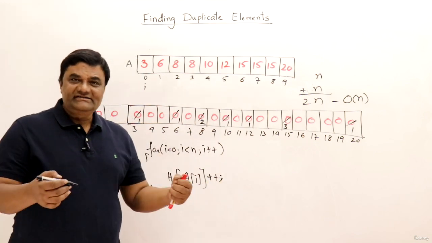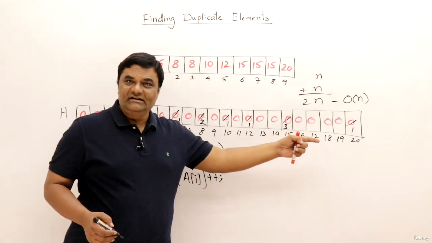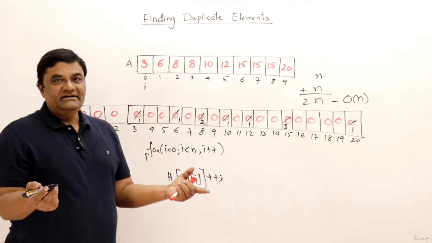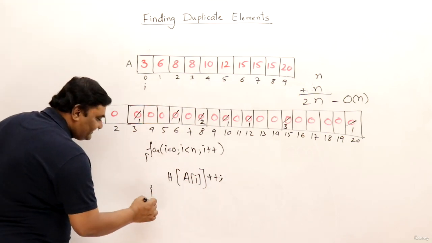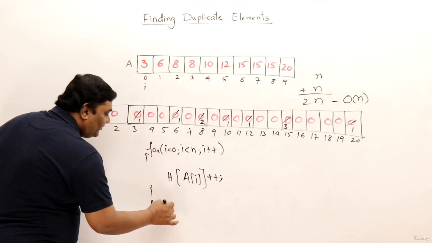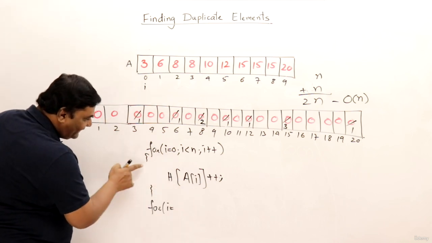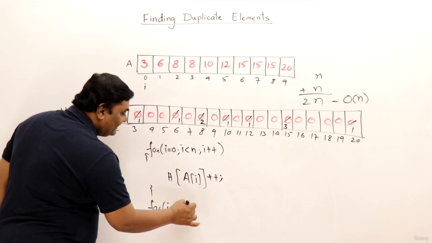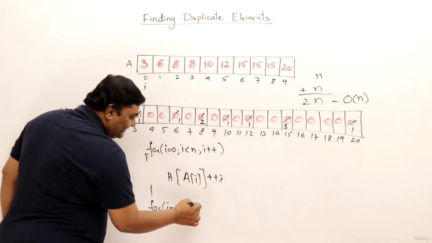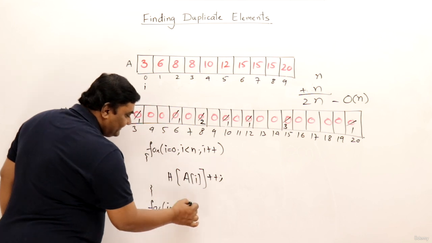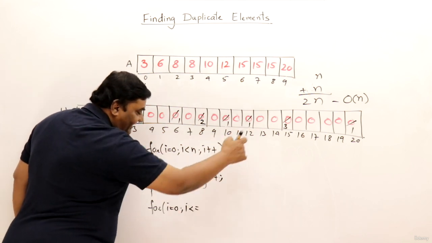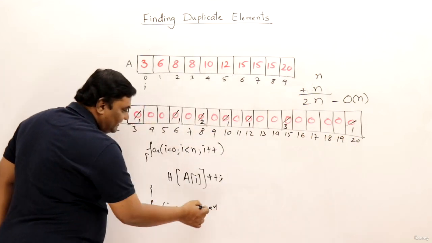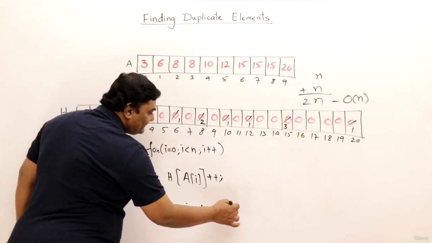This is over. Now the next step is go through this hash table array, and wherever we have count more than 1, print the element. So here for loop once again. For again I will take I. See, this is not inside this for loop. This is independent for loop, right? For I assign 0, I is less than or equal to whatever the maximum number is. Like here we have maximum is 20, so up to 20, and I plus plus.